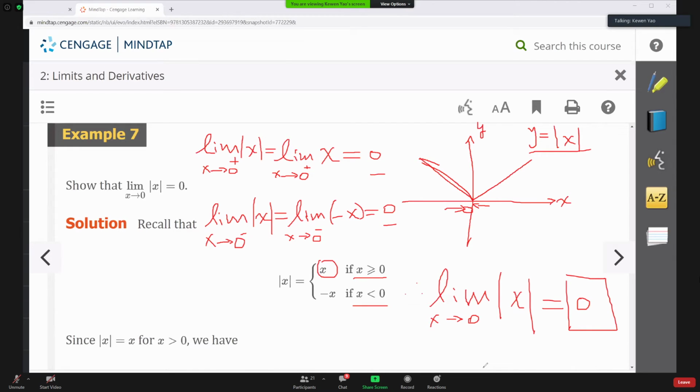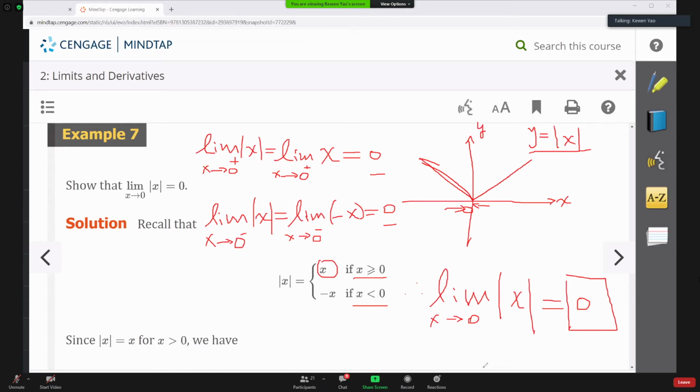Why do I want to use the left limit and the right limit? Because for this problem, it is a piecewise defined function. So you have to use two pieces: the right piece by using the right limit, the left piece by using the left limit. Because the right function and the left function are not the same function.